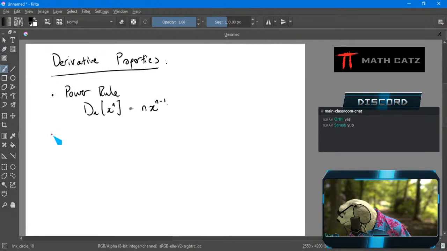All right. But in order to get to the power rule, I need to have some other properties to actually get me to that isolation of x to the power of something. For that, I have, in no particular order, constant times a function.